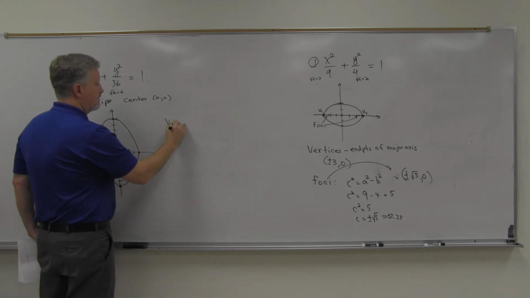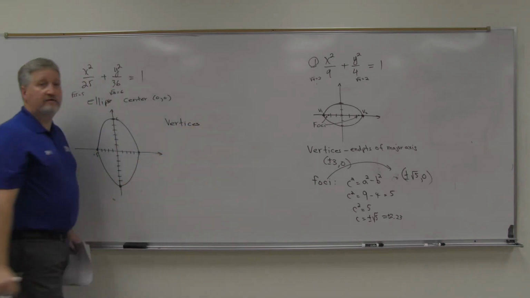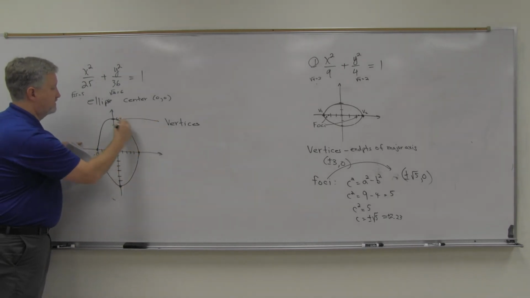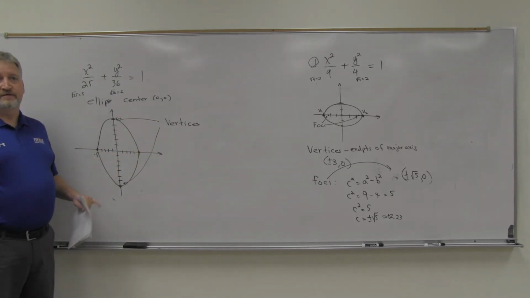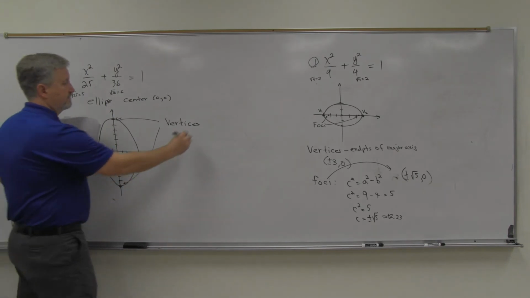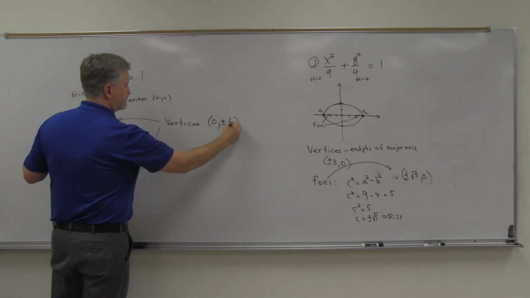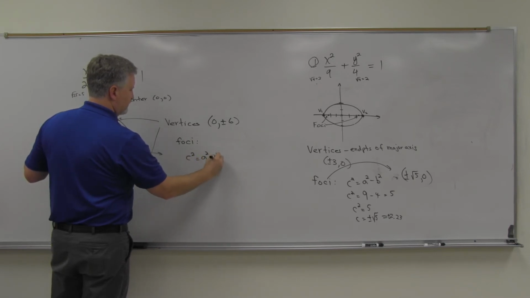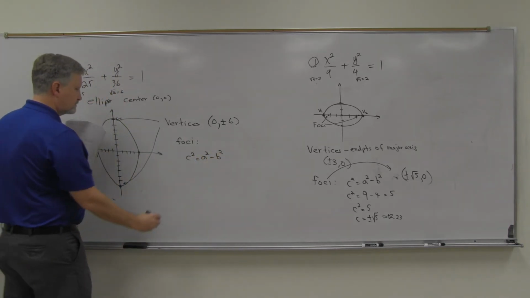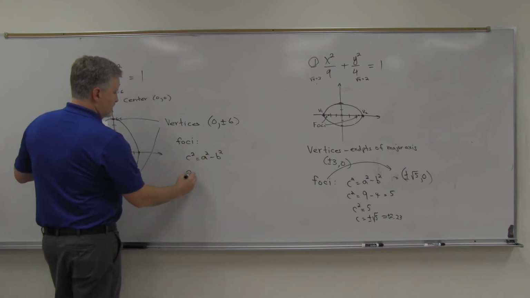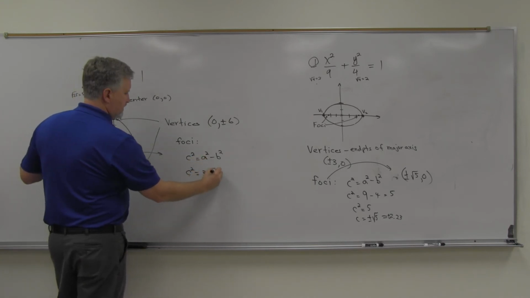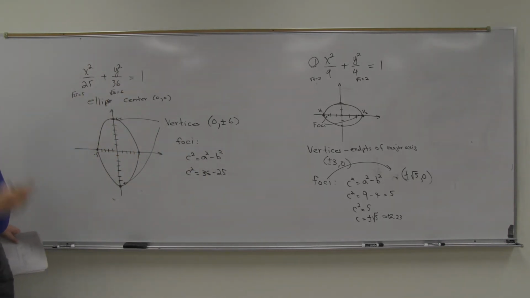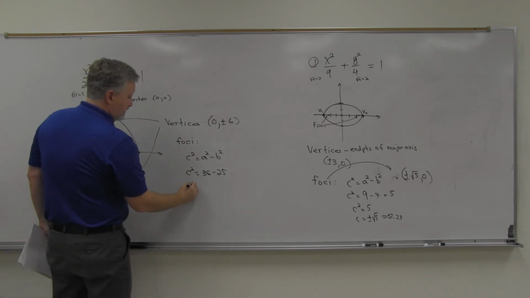All right, so where are the vertices now? Are these the vertices? No, these are the vertices, right? It's the major axis endpoints. So it's 0, plus or minus 6. What are the foci? Well, c squared equals a squared minus b squared for the foci. So c squared equals 36 minus 25. The bigger one's the a squared, you just don't want a negative number there.